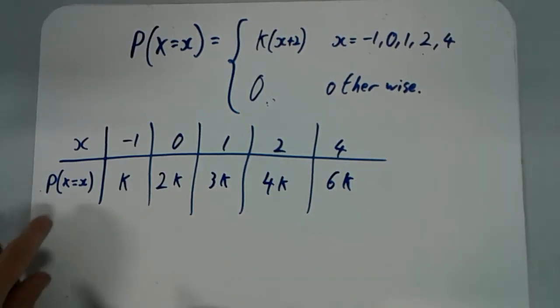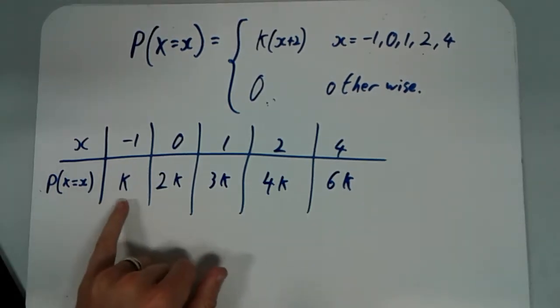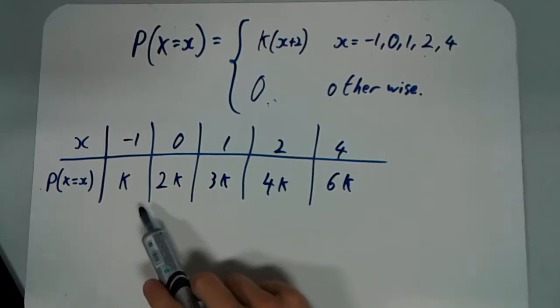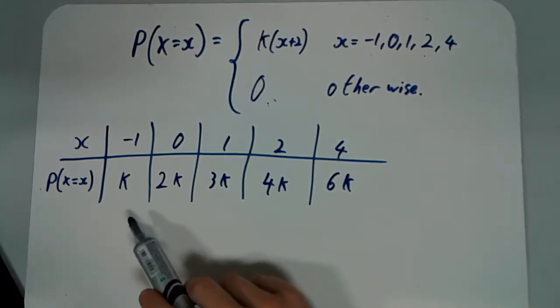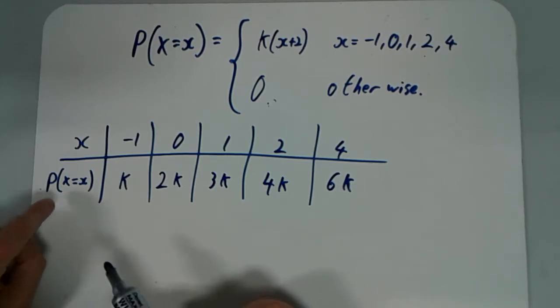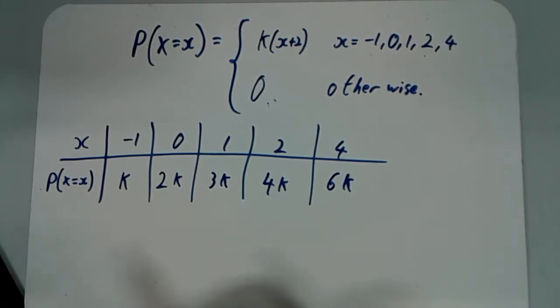Okay, so we've got all of these probabilities, but they're in terms of the parameter k, and we don't know what that is yet. How can we figure out what the value of k is? There's one important thing we know about probability distributions, and that is that the probability of something happening must equal 1.